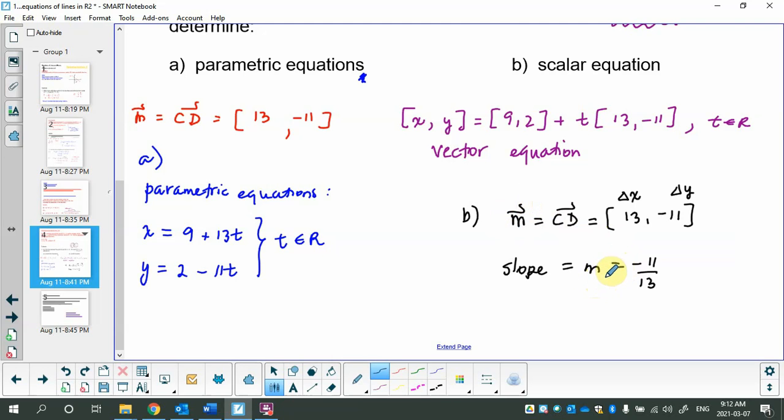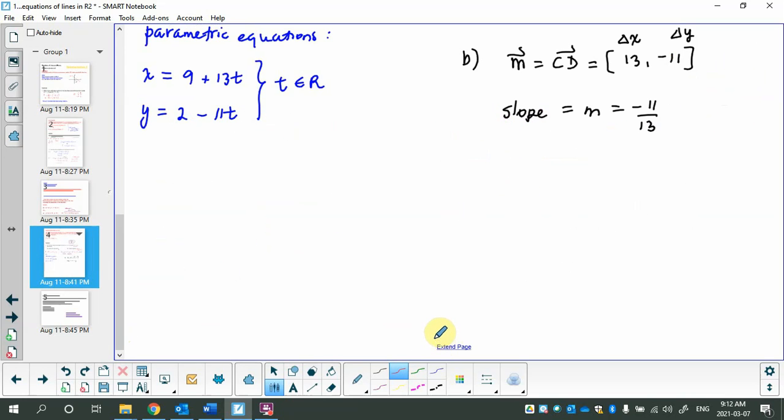And a scalar equation, for lack of a better way of saying it, is a normal equation. Normal, regular, grade 9 to 11 equation. So what we do to find a normal, regular equation is we do y equals mx plus b.